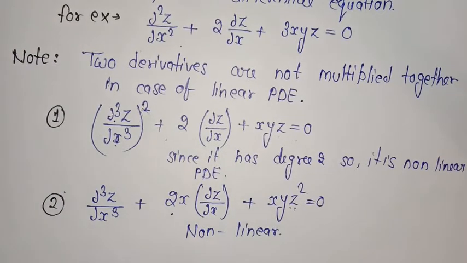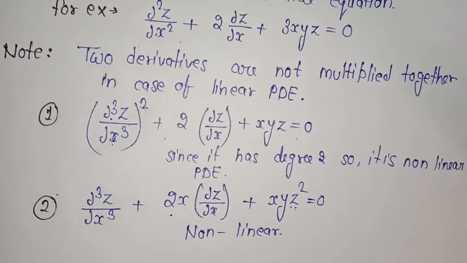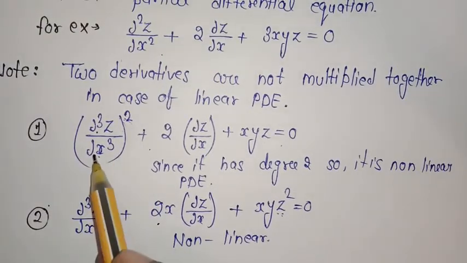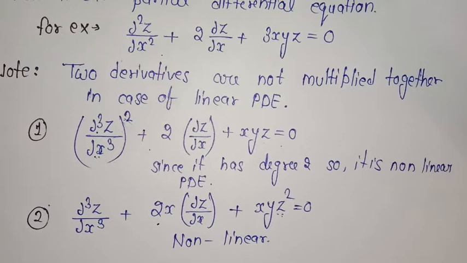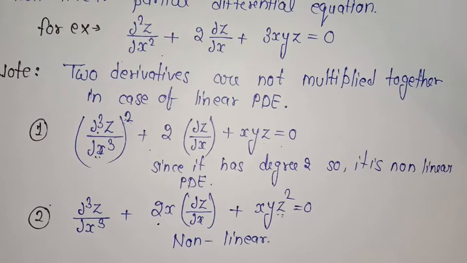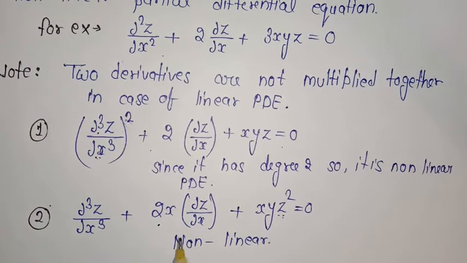In the case of non-linear partial differential equations, the thing that we have to check is that the degree of the dependent variable and its partial derivatives should be 1 and they are not multiplied together. That is, the differential equation should not contain terms in which the dependent variable and its partial derivatives are multiplied together.